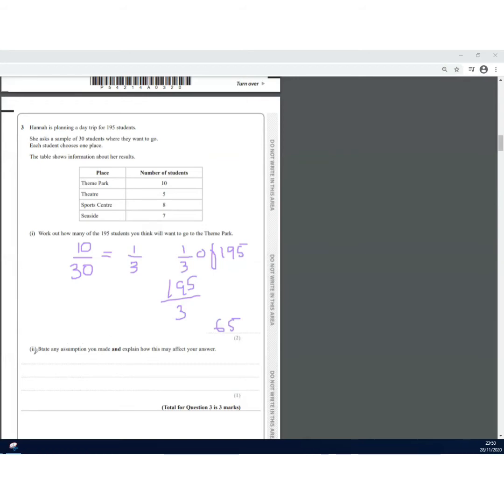Now in part B, they want us to state any assumption we made and explain how this would affect our answer.